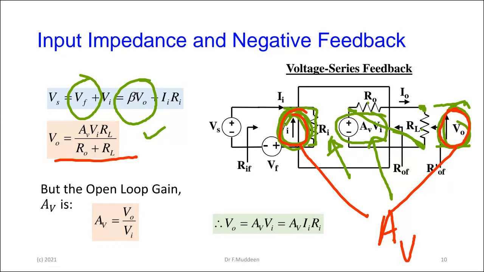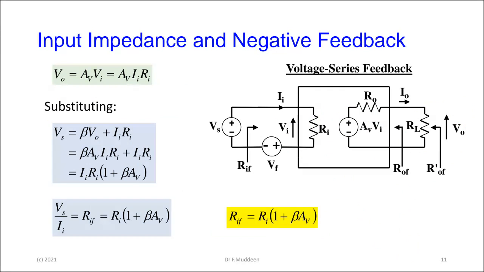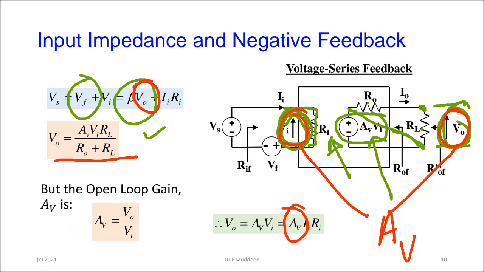We substitute for VO inside of here, and then make another little substitution, so we get a capital V in there as well. You do that, then you get that V out is a capital V and I in R in. And we plug it back into this equation here.